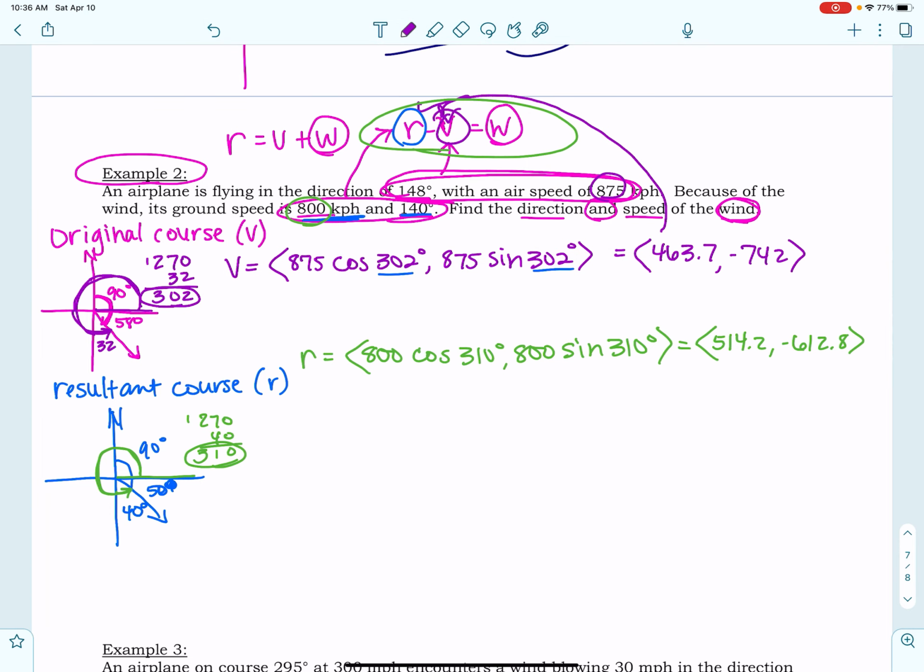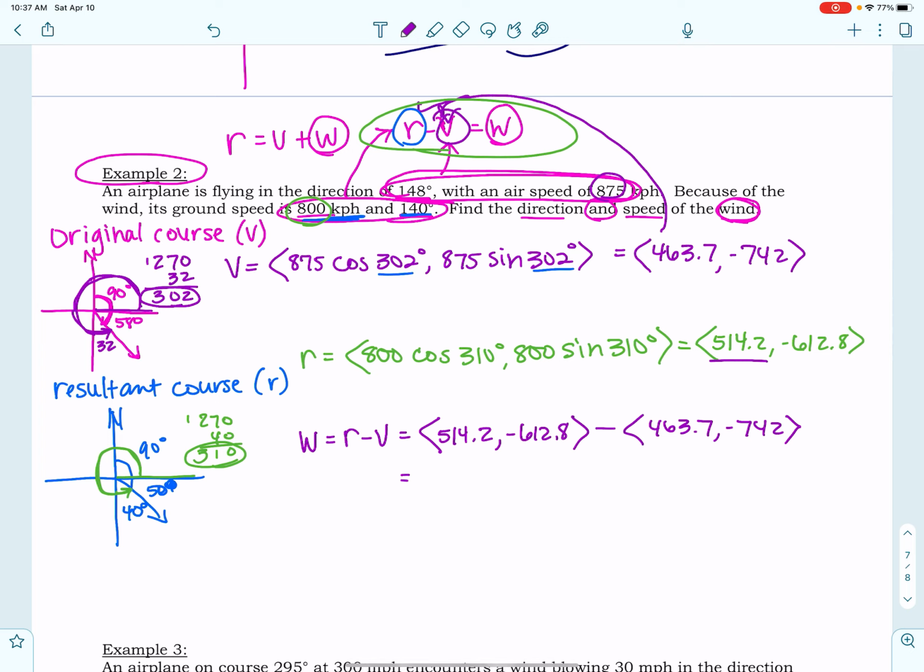That means that W is going to equal R minus V. So we need to take R, 514.2 and negative 612.8, minus V, which is 463.7 and negative 742.